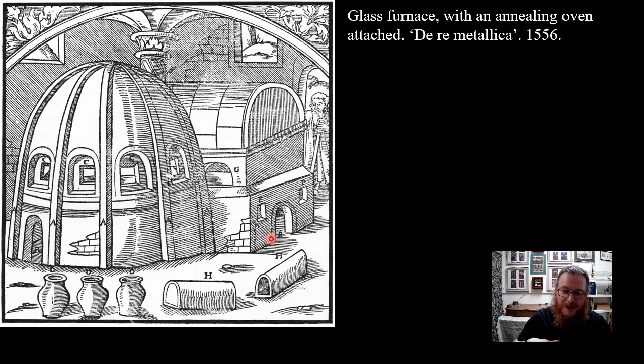And the glass would be laid out in the annealing oven on a bed of sand to cool over this 4 to 5 day period. Once cool, and once that glass was tempered, it could then be shipped out to the glaziers for them to use.